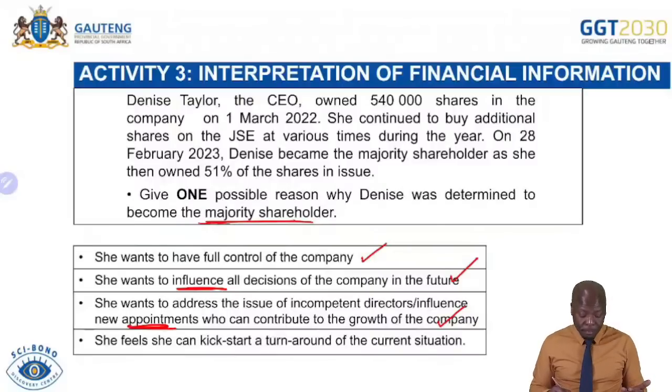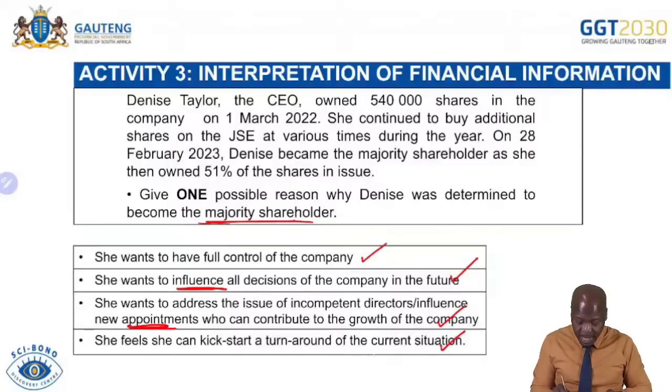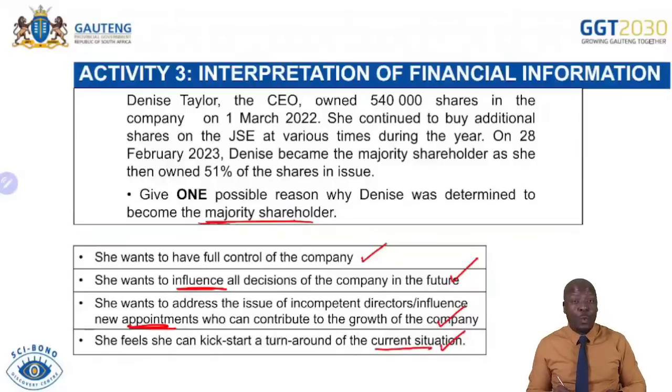Point number four, she feels she can kickstart a turnaround of the current situation. Remember, this company was having financial challenges. In the previous question, they were not able to meet their short-term obligations. So this company is having financial challenges, and she is now owning 51% because she feels that she can bring a turnaround to the current situation.